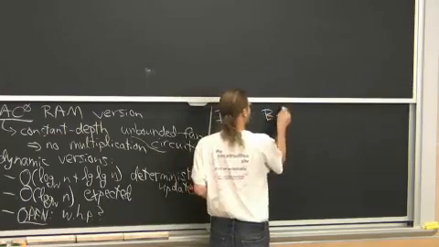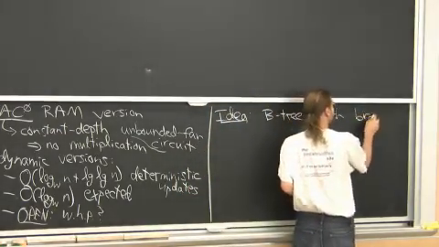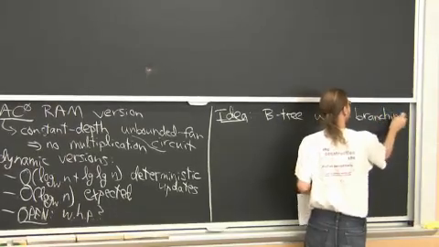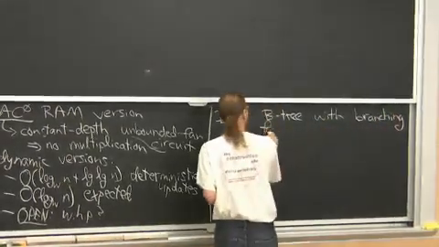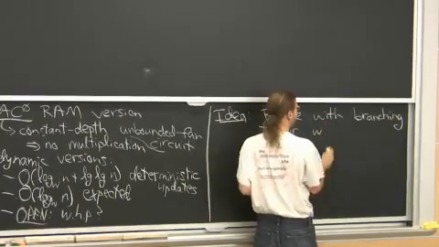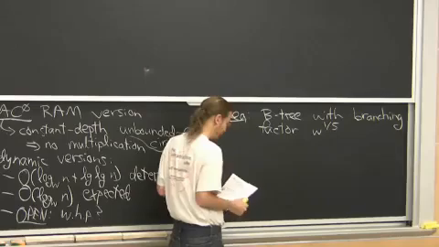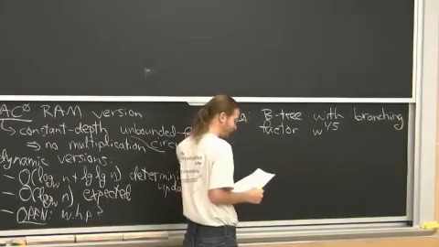What we want is a B tree with branching factor, ideally W. We can't quite achieve W, though. So it's going to be W to some small constant power, and 1/5 is the one that I'll use in this lecture. You can improve it or make it worse, up to you.